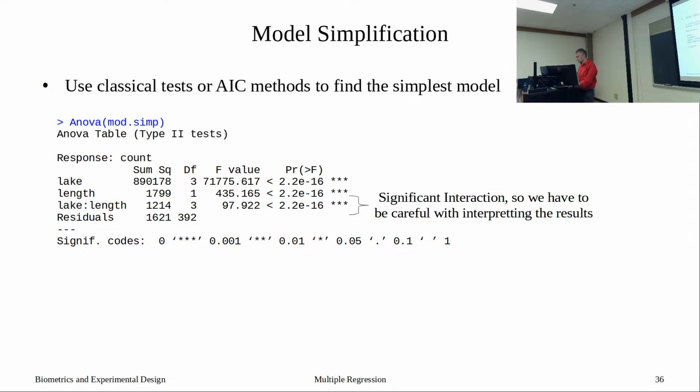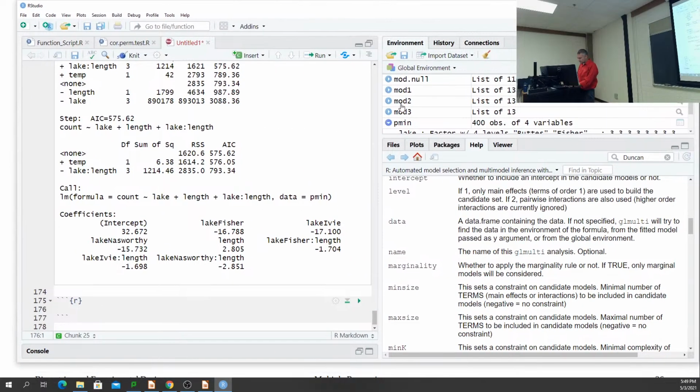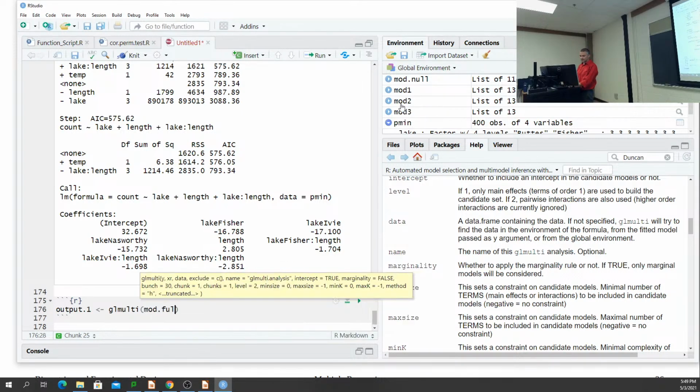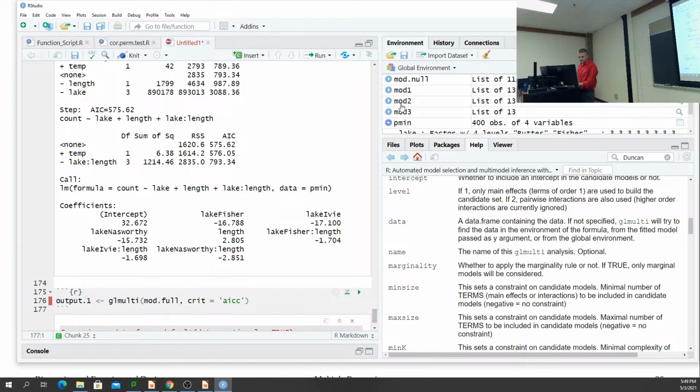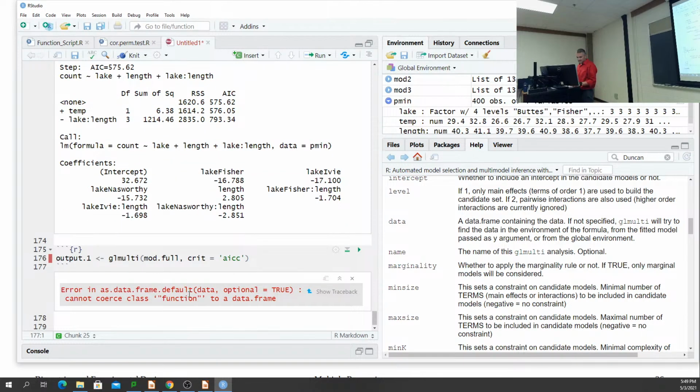Which way? I tried to type it out. Yeah, so I got mod.full. Okay, let's do output one. GL multi mod.full crypt equals. I get this. I get the same thing. Mine's right.